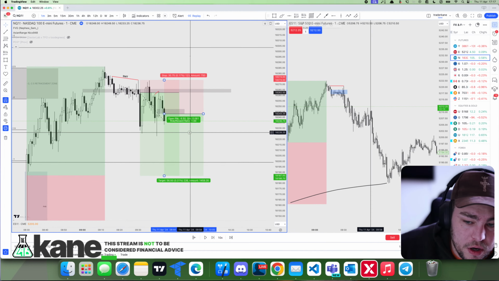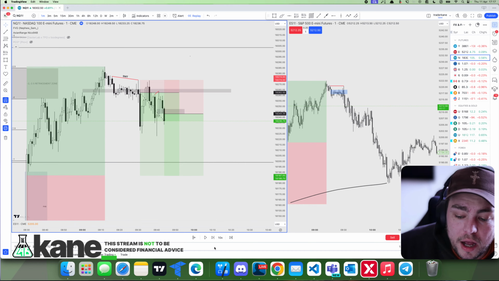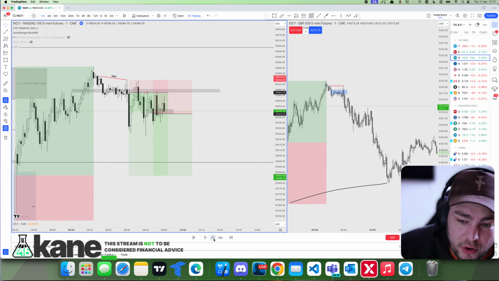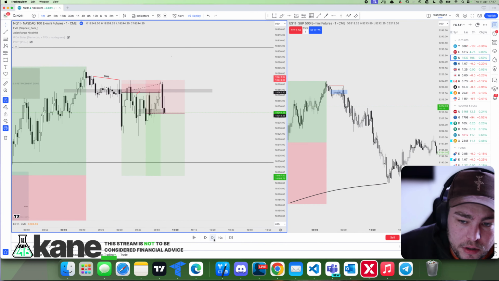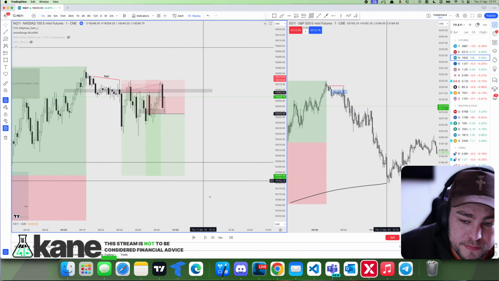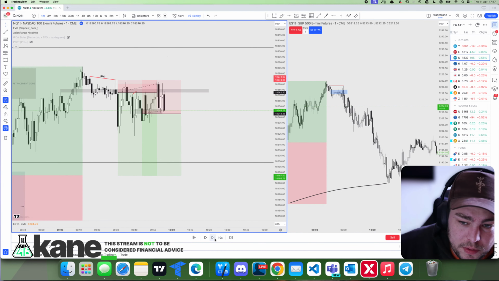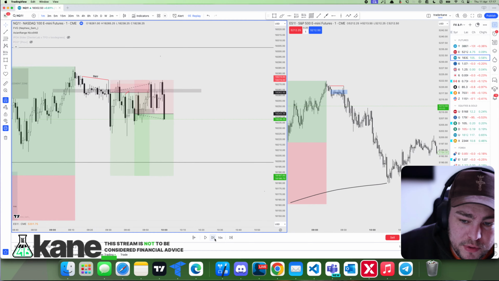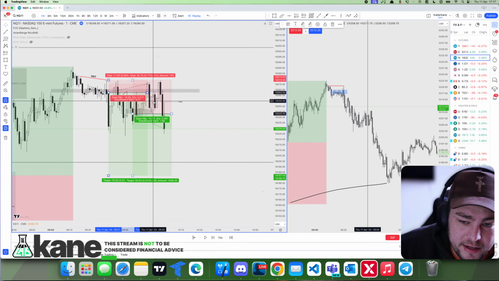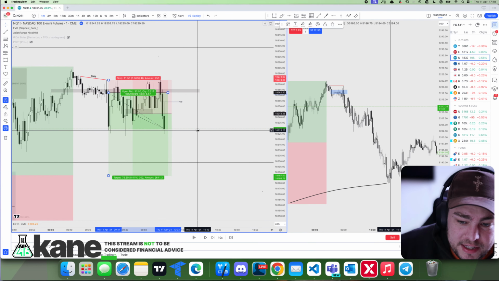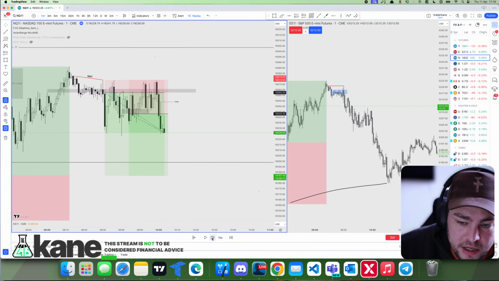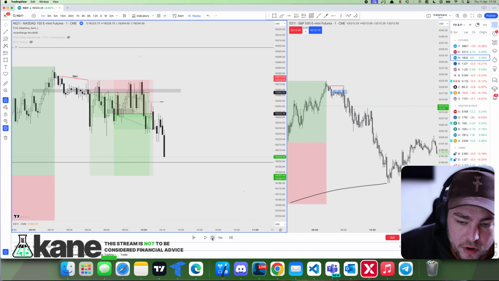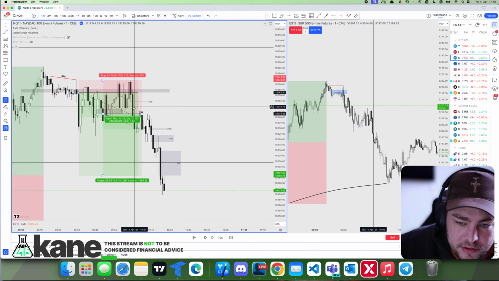It's still a 2R trade, 1.8R. But as you can see, price messes around for a little while and actually goes back up to basically our stop loss, to the point where it comes within a tick of our stop loss again. You can see that we were still in this trade. And then finally price continues on to the downside.